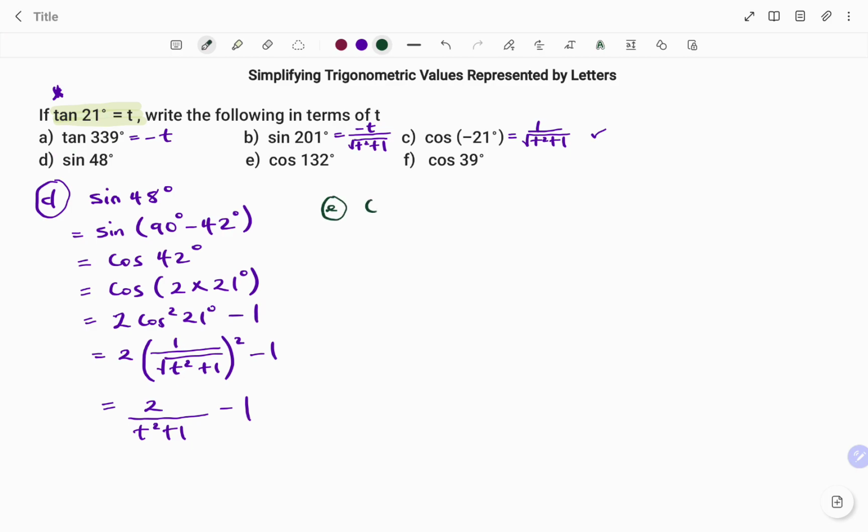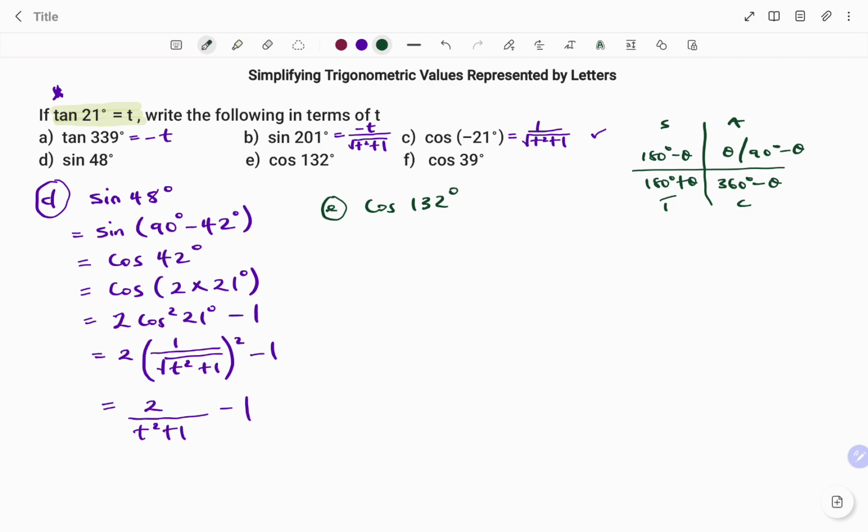E is cos 132 degrees. To break down 132 degrees, if you look at a CAST diagram again, we have 180 minus theta, 180 plus theta, 360 minus theta, and theta or 90 minus theta. 132 falls in the second quadrant.